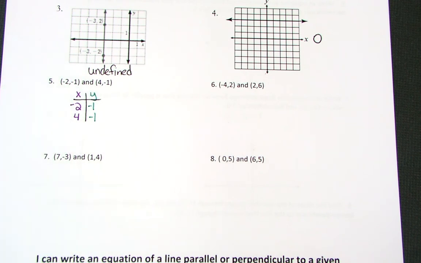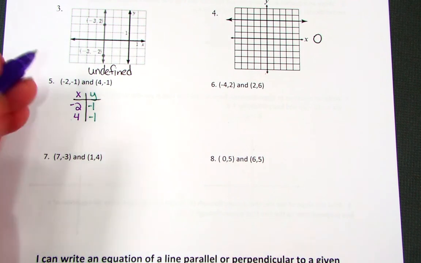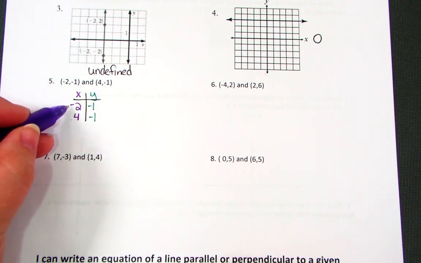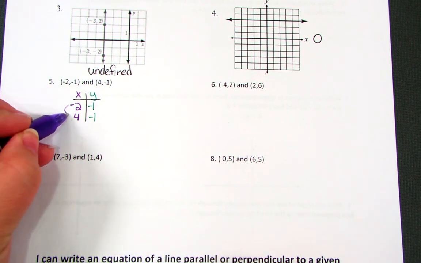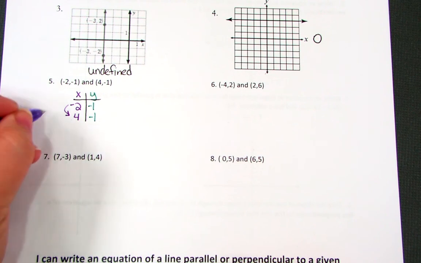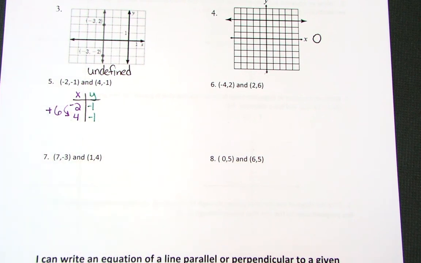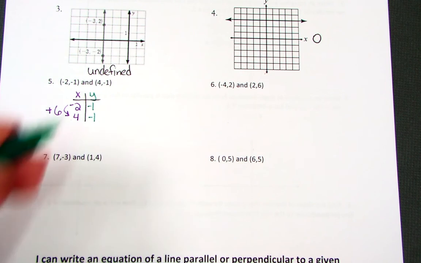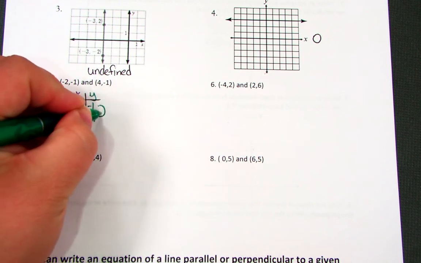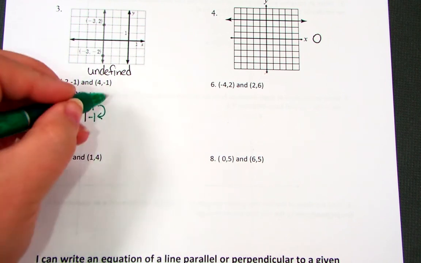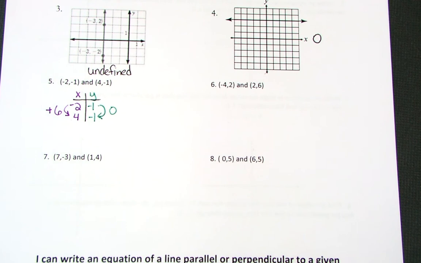Okay? Now, here's how you find the slope between that. You ask yourself, how would I get from -2 to 4? And the answer is I would go up 6 spots. How would I get from -1 to -1? I don't move at all. It's 0 spots.